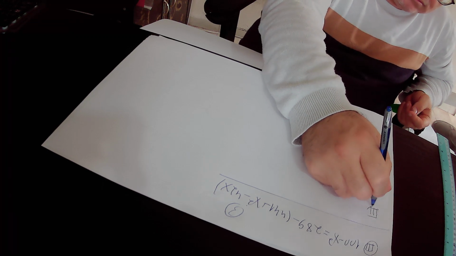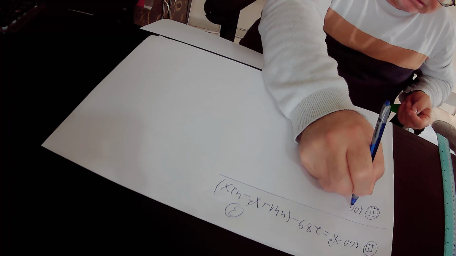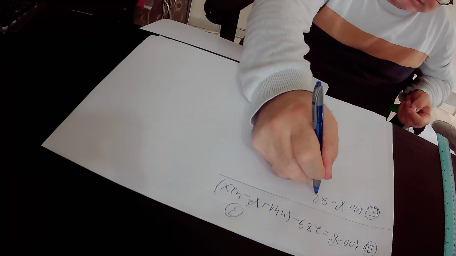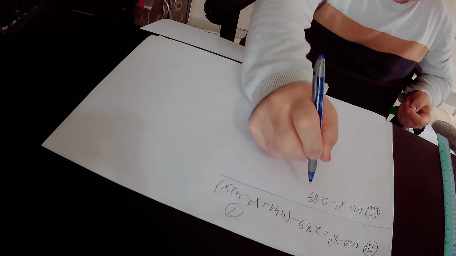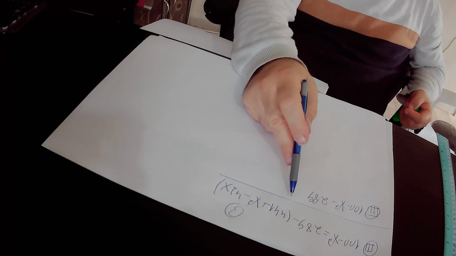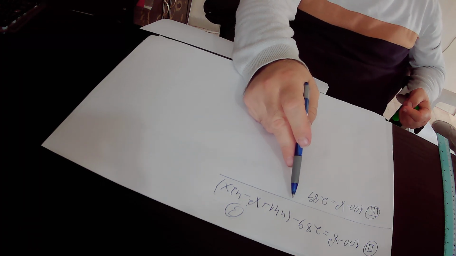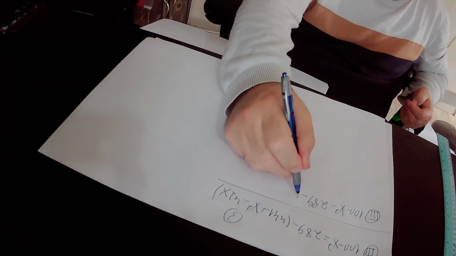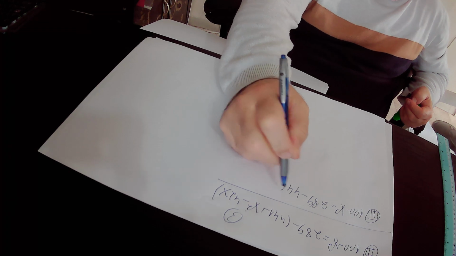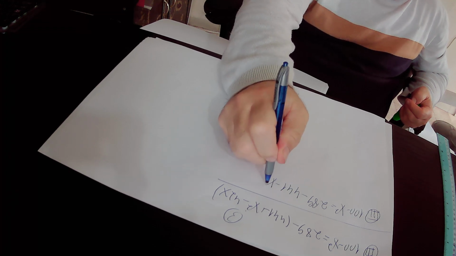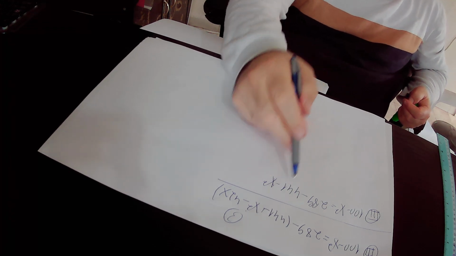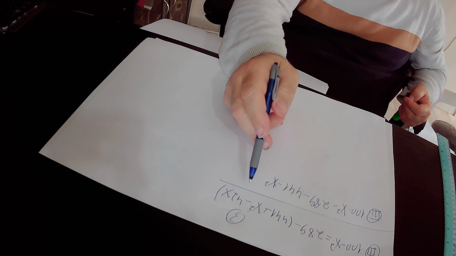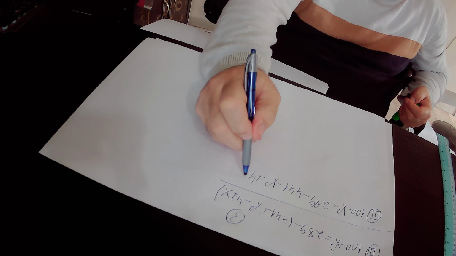According to equation 3, 100 minus x squared equals 289. We have a minus before the bracket, so after we open the brackets, this expression will be equal to minus 441 minus x squared, and here minus times minus is plus, so minus 42x becomes plus 42x.